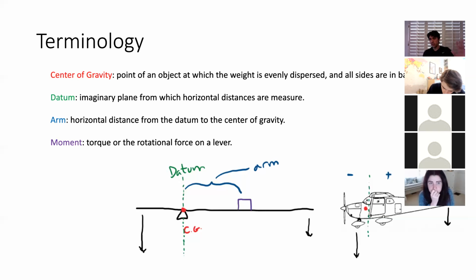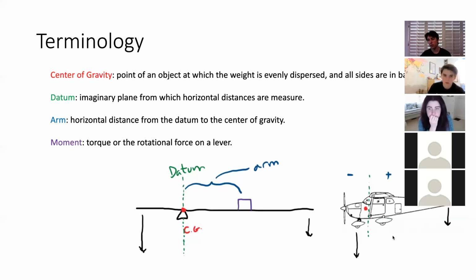If you push right next to the hinge where the fulcrum is, you don't have a lot of moment or leverage. But as moment goes up, leverage goes up. So the farther away the object is from the center of gravity, the more effect it's going to have on the center of gravity.